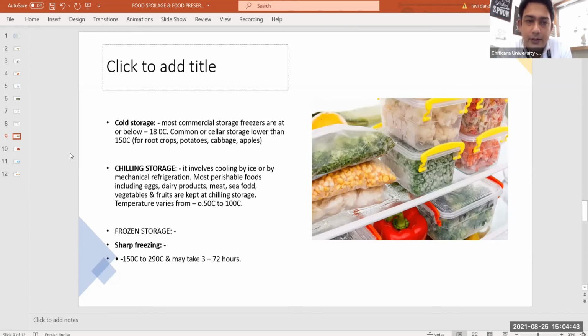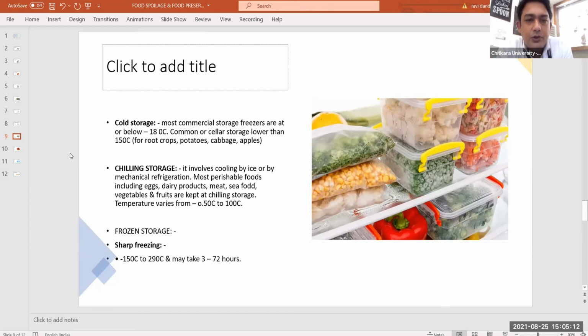They provide a definite temperature for a particular food product, a vegetable product or a grain product, and they keep it throughout the year. Then time to time they take it out from the cold storage, and that's how we get apples, potatoes, onion, or everything throughout the year, but they are grown in a particular season. So it's because of cold storage.